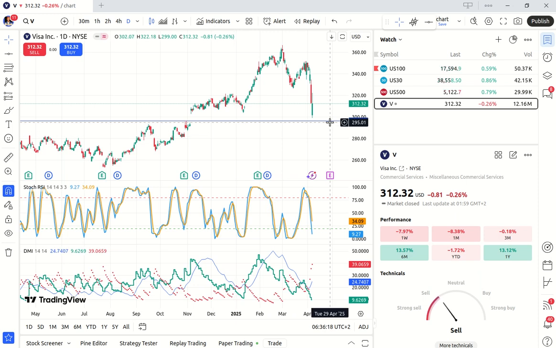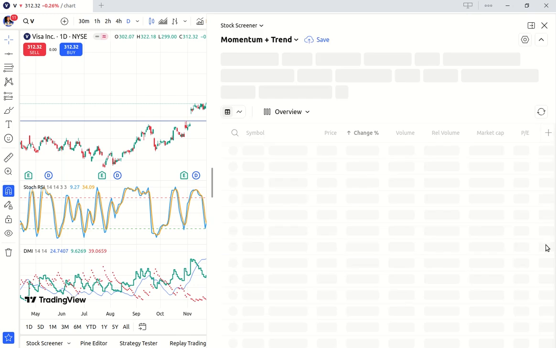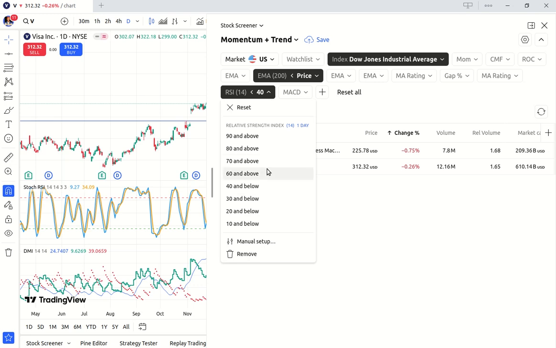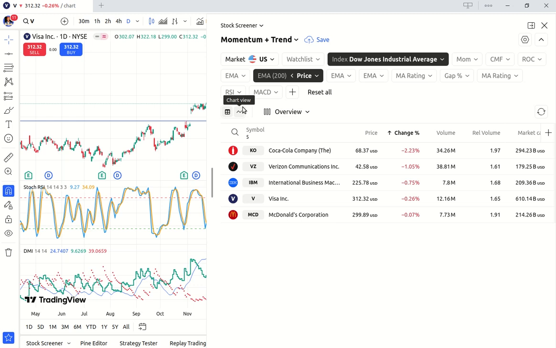Okay. I don't know if we can find another one. I think it's just Visa because I tried IBM. Maybe let me try reset this, see what we have.